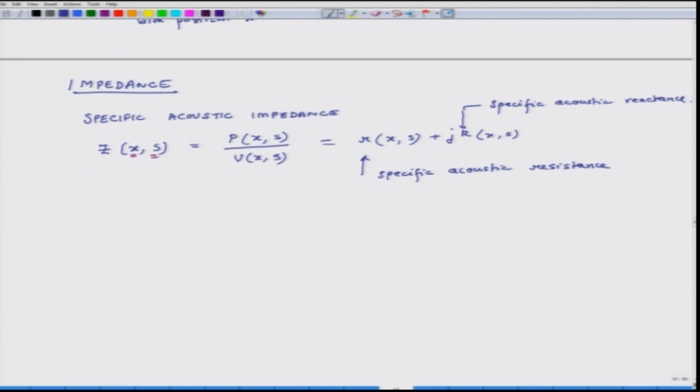So, that is my specific acoustic impedance. So, this Z, what does it depend on? It depends on the entire system, the boundary conditions, the position, the frequency, all of those things.